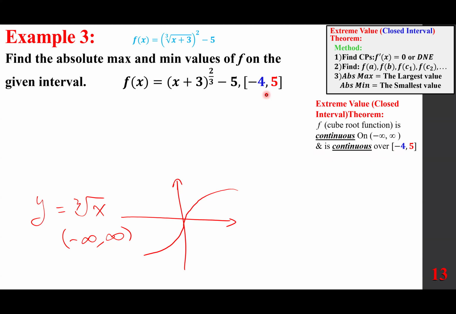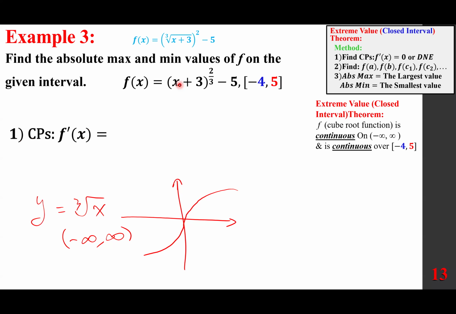So let's differentiate. It's easier to differentiate this form than this one. Two-thirds (x + 3) to the power of 2/3 minus 1 makes it negative 1/3, times the derivative of the inside.